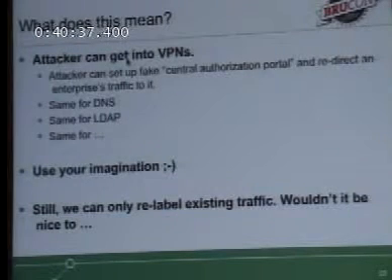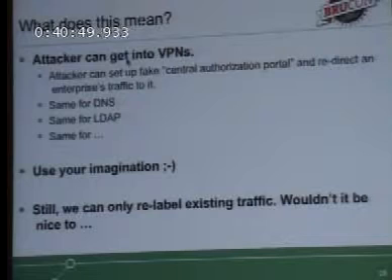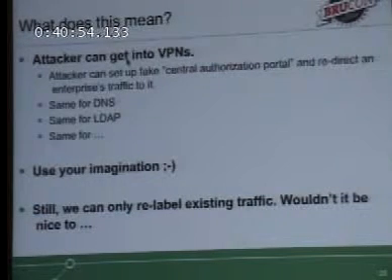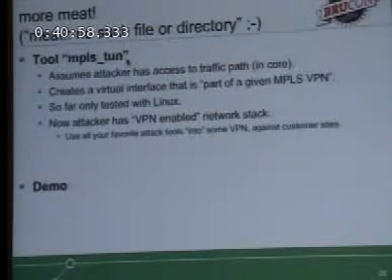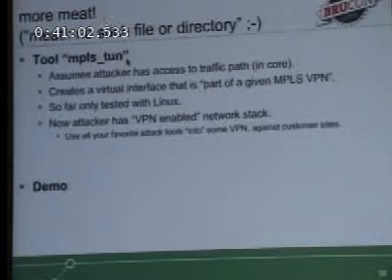So we were in this state and said, okay, this is quite cool, because if you got your own VPN inside the MPLS cloud, you could just insert some data into another VPN. But in this scenario, you also need a VPN. But wouldn't it be nice if you could just insert some traffic into a VPN without owning another VPN?